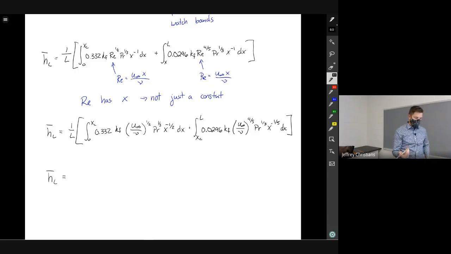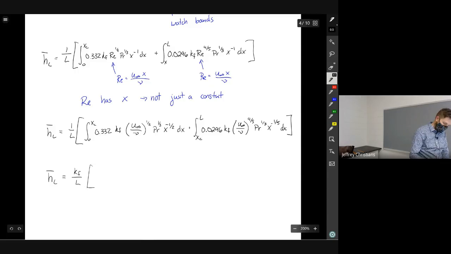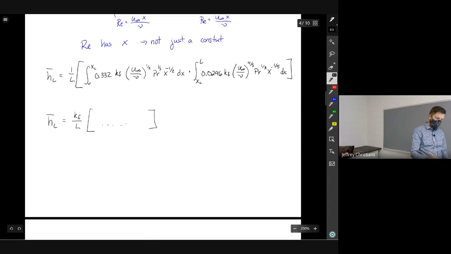Both of these terms have kf in them, and both of them have Prandtl to the 1/3. So we can pull out kf over L. There's still going to be stuff over there.